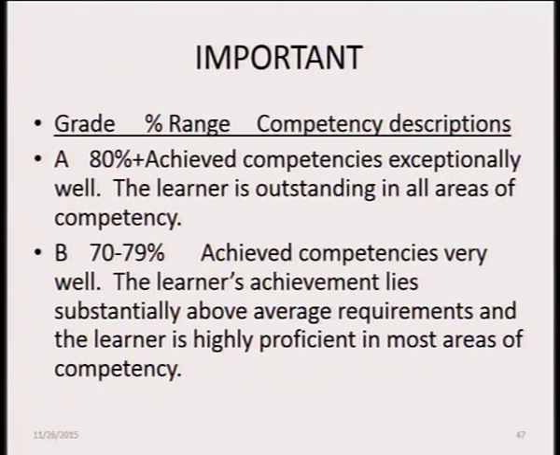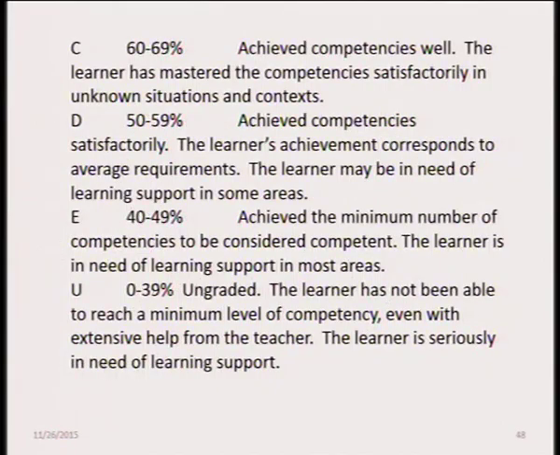The learner is outstanding in all areas of competency. When you give your child a B, 70 to 79%, he or she achieved competencies very well. The learner's achievement lies substantially above average requirements, and the learner is highly proficient in most areas of competency.